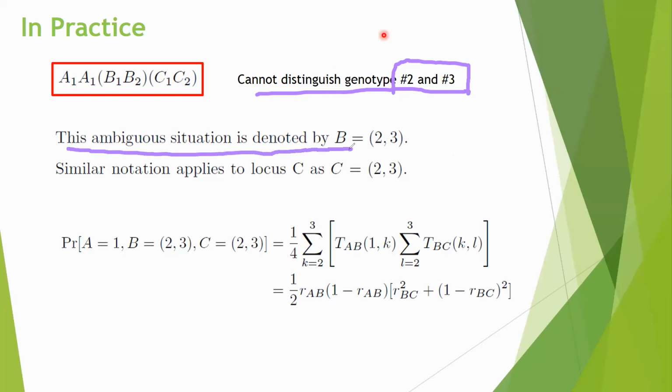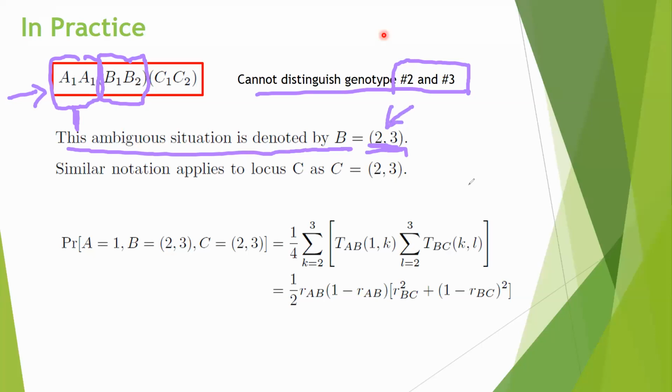Since we cannot distinguish genotype number 2 and number 3, this ambiguous situation can be denoted by this. So suppose for this genotype, for the locus A, it's very clear. This is the first state, right? But for this genotype at the locus B, we don't know if this one is from the second state or the third state. Then we just use this to combine these two possible states, the 2 and the 3.